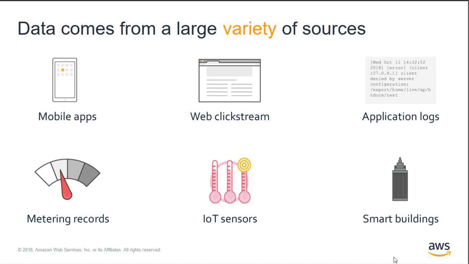I mentioned a couple previously, like Internet of Things, but it comes from your web clients and mobile clients, mobile apps, including games, business productivity software, application logs, usage or customer event records or metering records, and then connected things like smart buildings, smart cars, smart devices. So all of these large variety of sources are producing data at a high volume as well as at a high velocity.